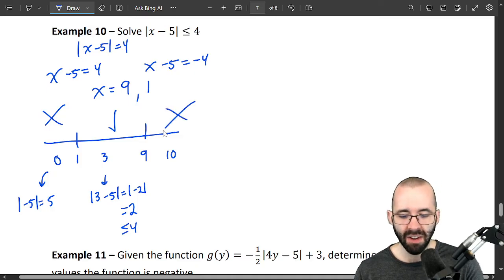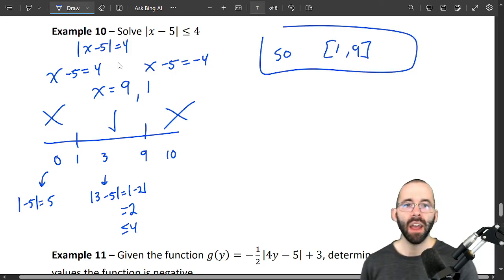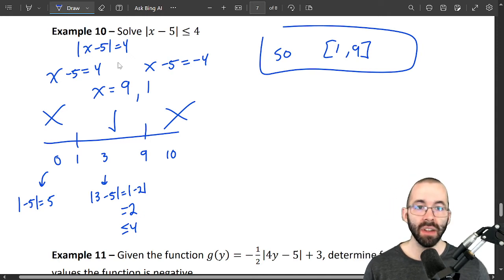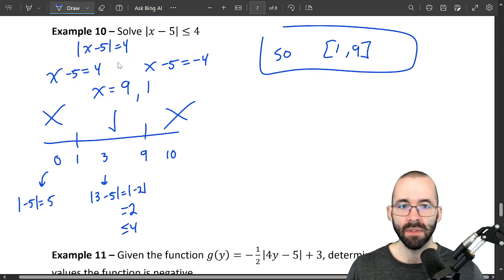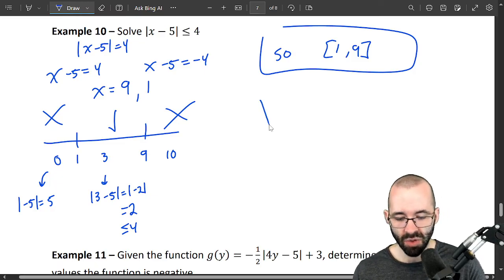And you could do the same thing and find that this part of the interval is not okay. So we have to be on the inside of the interval, between 1 and 9. Which is the same answer that we got before. That's our answer. And we can plug in some points. Any point in this interval should work out. We're curious about all the points where x minus 5 looks like a V.